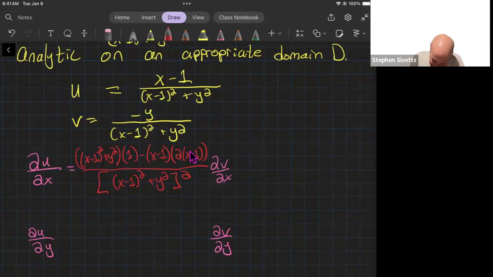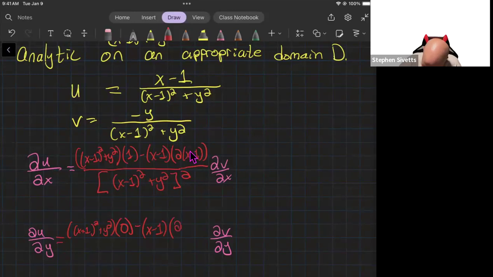Okay, so partial of u with respect to y, this one's a little bit easier because the x's are constants. So you'll have x minus 1 squared plus y squared times the derivative of the numerator, which is 0, minus the high function, x minus 1, times the derivative of the denominator.